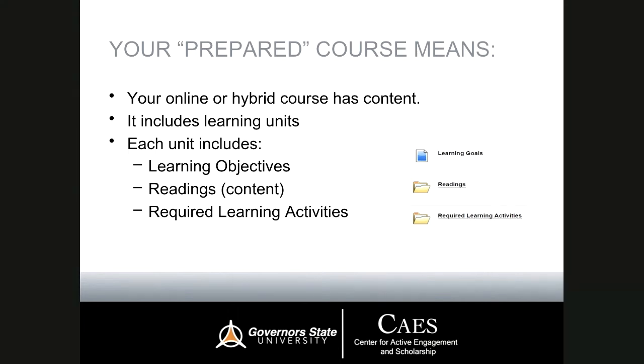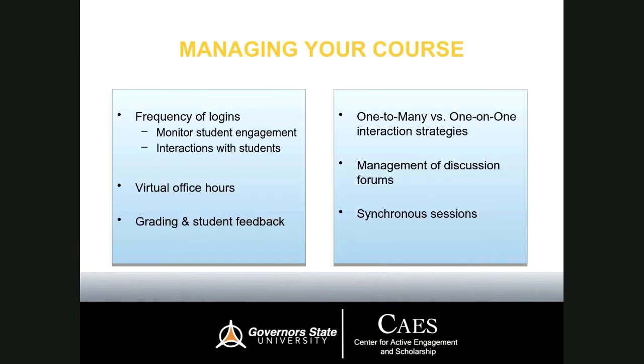Even though you have that syllabus or the instruction manual, you still need to include the necessary components within your online course. So outlining the readings for your students, and outlining what those learning activities entail for each unit of instruction, is going to be key so that students are able to follow along in your course.